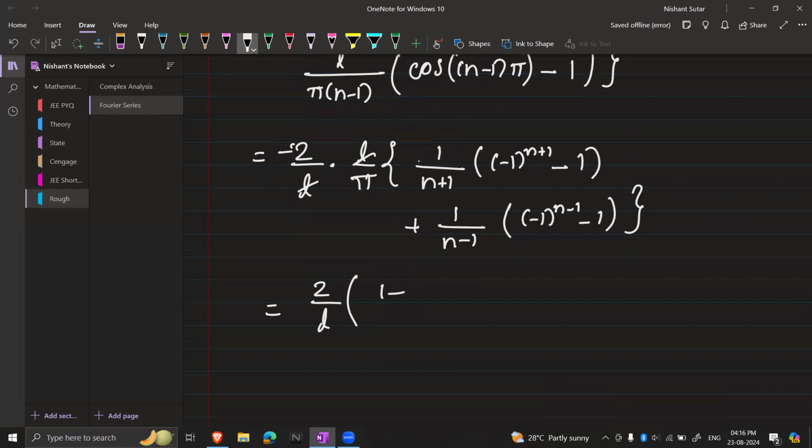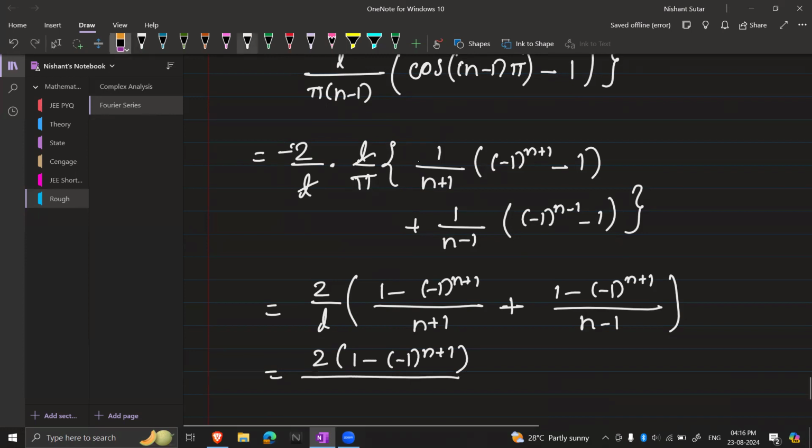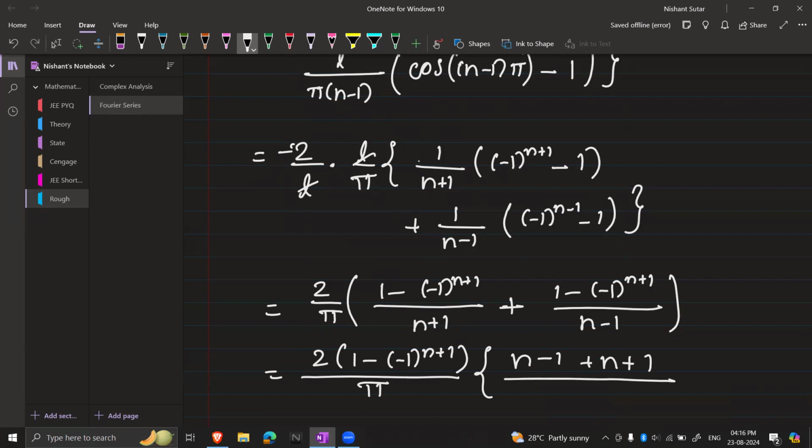So reverse this order: 1 minus minus 1 power n plus 1 divided by n plus 1, plus, this time, 1 minus minus 1 power n plus 1 divided by n minus 1. I can take 1 minus minus 1 power n plus 1 common, and we are left with n minus 1 plus n plus 1 divided by n square minus 1.